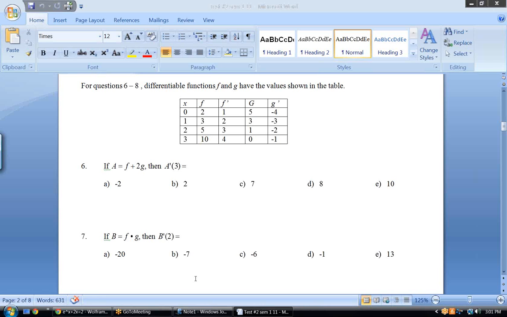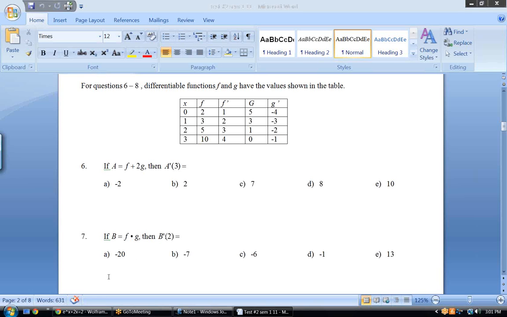I don't like this kind of problem. I've never liked this kind of problem. Although once you figure out what they're getting at, they're relatively easy to figure out. I've got to figure out what they're getting at here. F plus 2g.